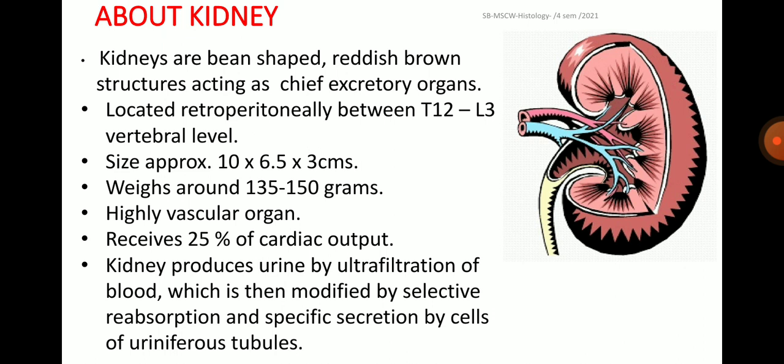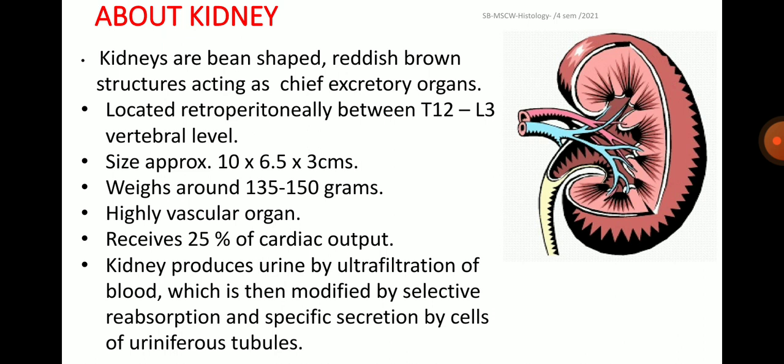An adult's kidney weighs about 150 grams, that is 5 ounces, and its average dimensions are 12 centimeter long, 6 centimeter wide, and 3 centimeter thick. And even say that the size is about the large bar of soap. The lateral surface of the kidneys is convex.